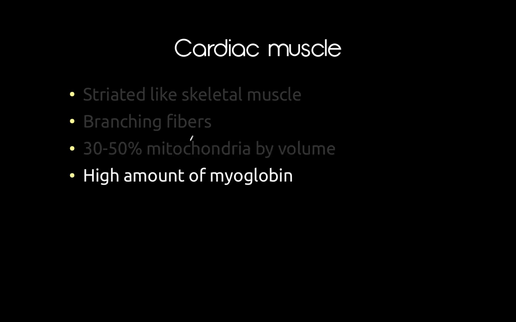It's also going to have a very high amount of myoglobin. Now, if you remember, myoglobin is this oxygen-binding pigment that aids in pulling oxygen from the blood into the muscle cell. So as we have cardiac muscle that's very oxidative, it stands to reason that we also have this high amount of myoglobin to pull in that oxygen and hold on to it as well.